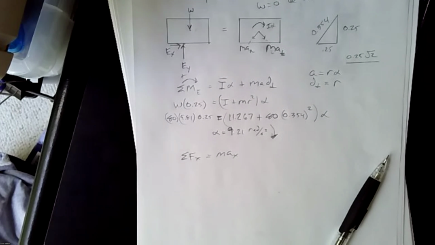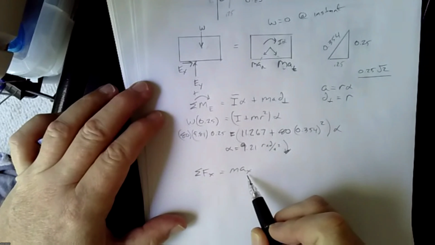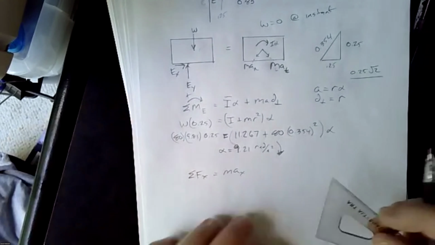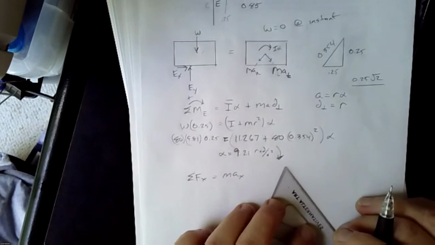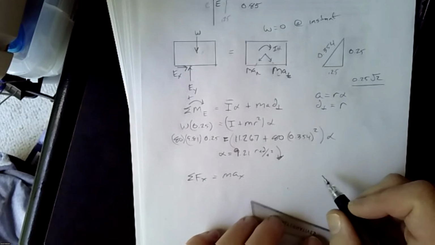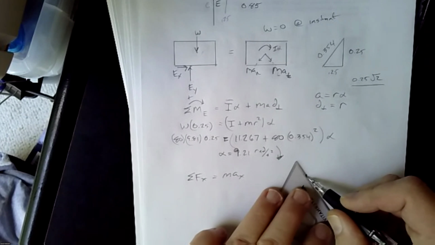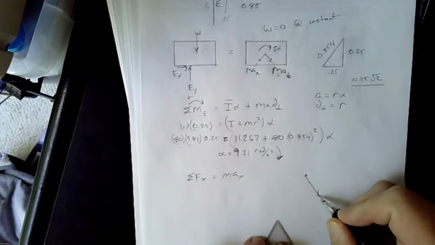So now you've paused and you've done it. Good. So let's check it. Now remember that if you're summing the forces in the X, we have to figure out what that acceleration is. Now, we've determined that if that's the acceleration point, then it's going in this direction.